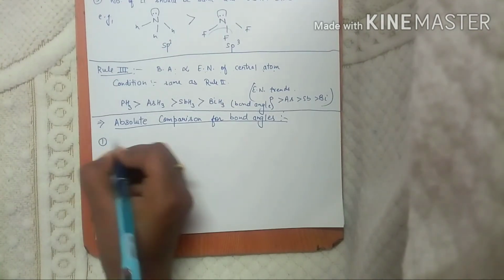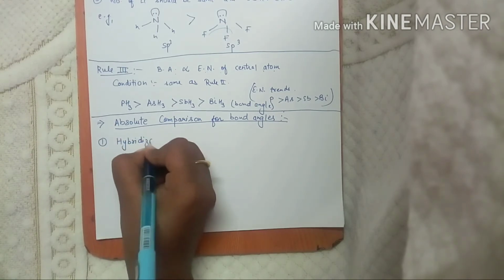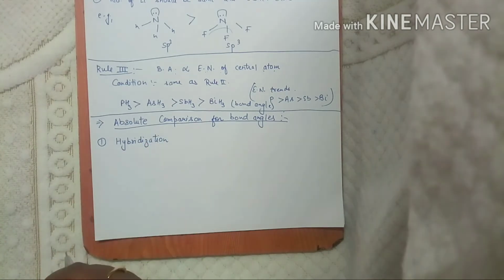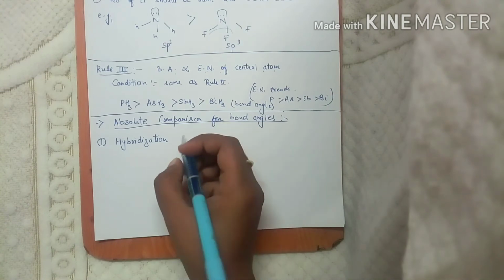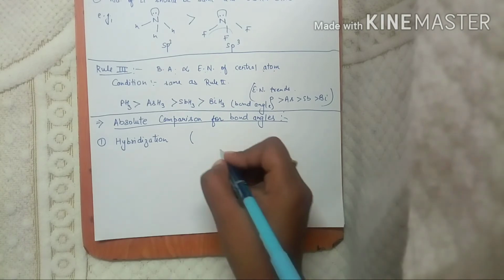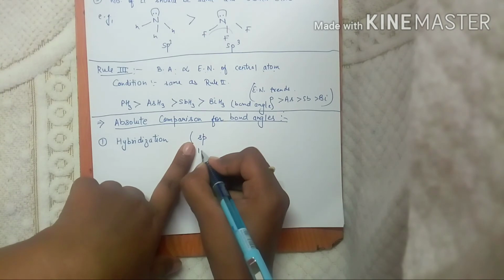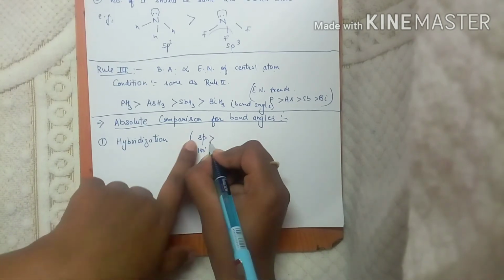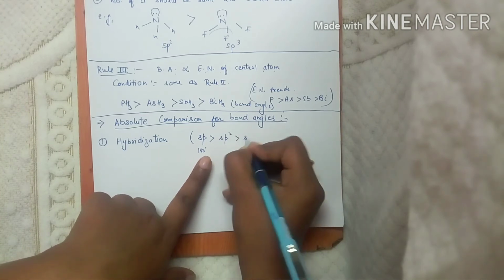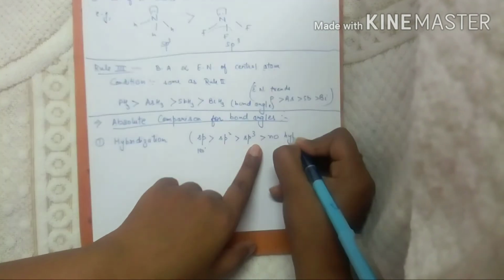So first of all, you have to see the hybridization of the molecules. Whichever molecules are given to you, just find out the hybridization of each molecule. The trend of bond angle amongst different hybridizations will be: sp, having a 180-degree angle, will have the most bond angle, then sp2, then sp3, and then your Drago compounds having no hybridization.